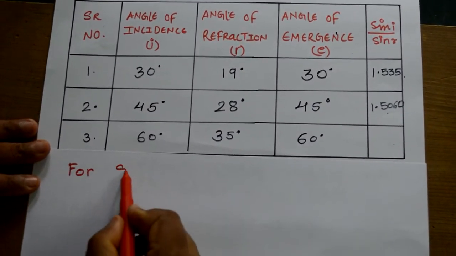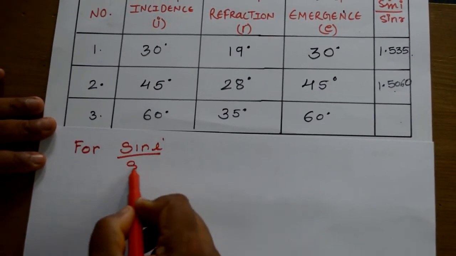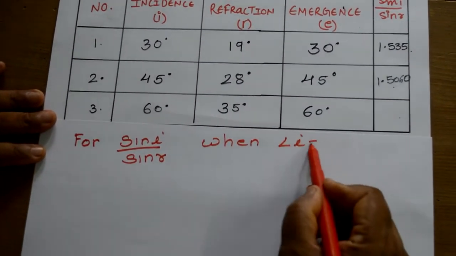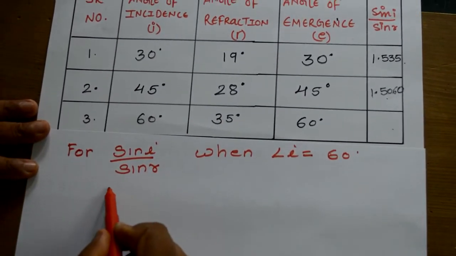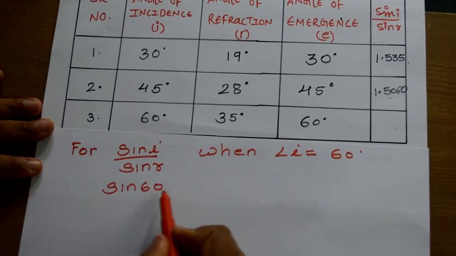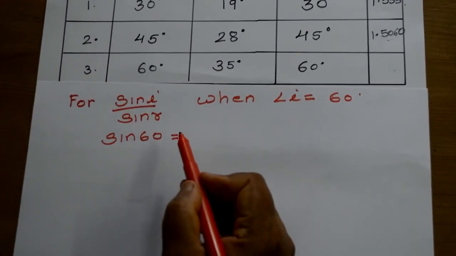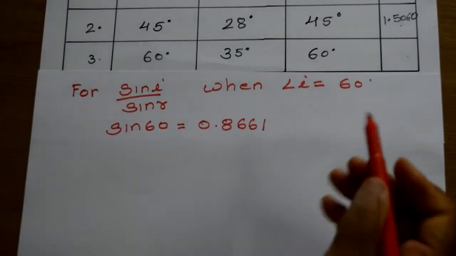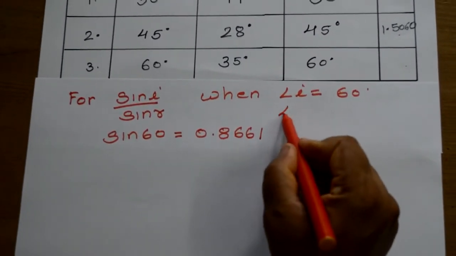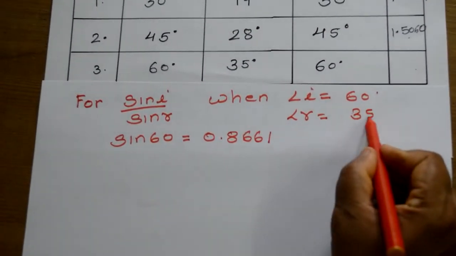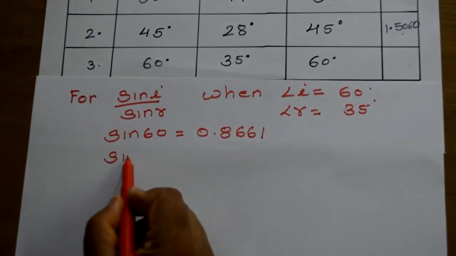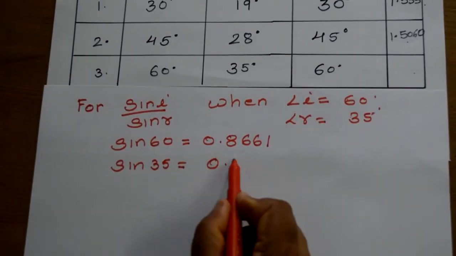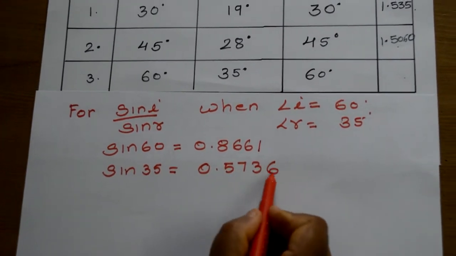For sin I upon sin R, when the angle of incidence is 60 degrees, sin 60 value is 0.8661. R is equal to 35 degrees and sin 35 value is 0.5736.